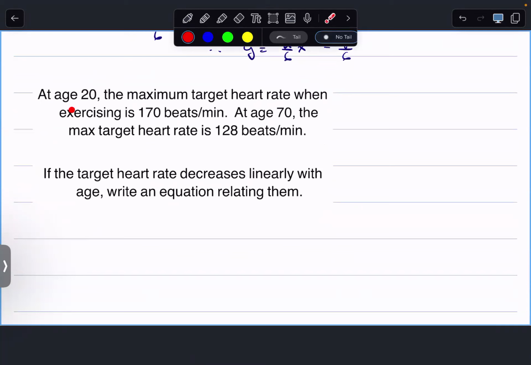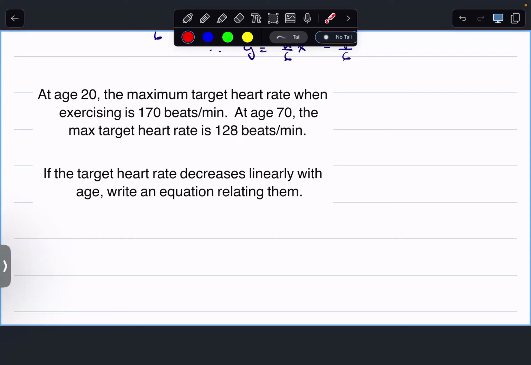At age 20, the maximum target heart rate when exercising is 170 beats per minute. At age 70, the max target heart rate is 128 beats per minute. If the target heart rate decreases linearly with age, write an equation relating them. Okay? So if it's decreasing with age, that tells me that age has to be the X variable, right?